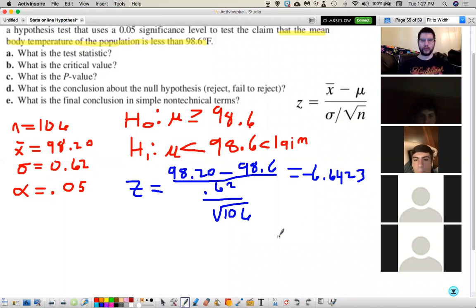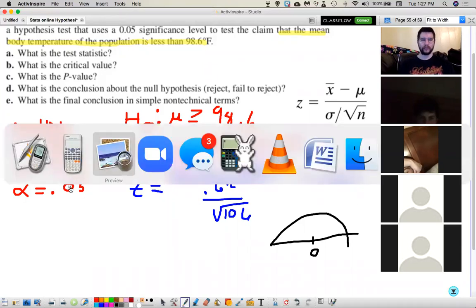So for the traditional method, I need to look up my critical values. So I'm going to go ahead and sketch my curve. And we know our mean is in the middle. It's a left tail test. So I need to take alpha and look it up on the chart.